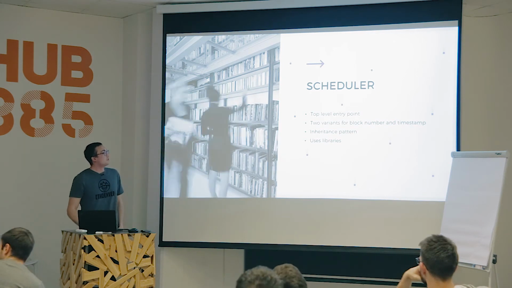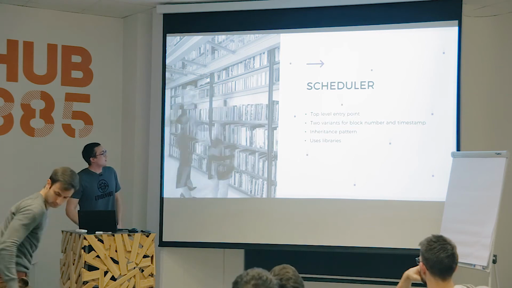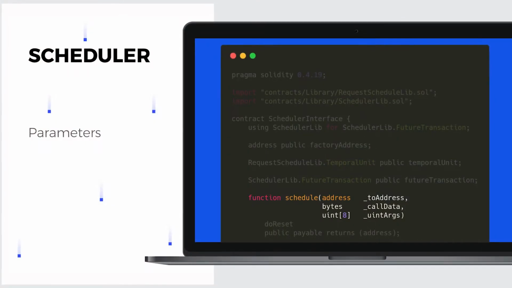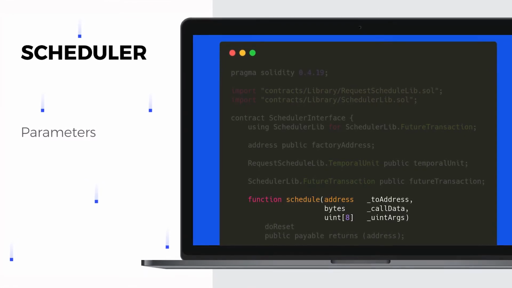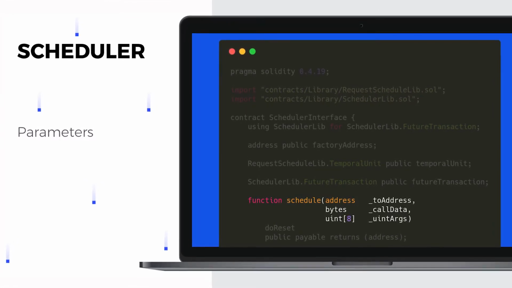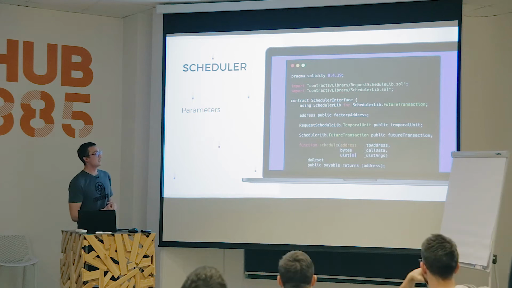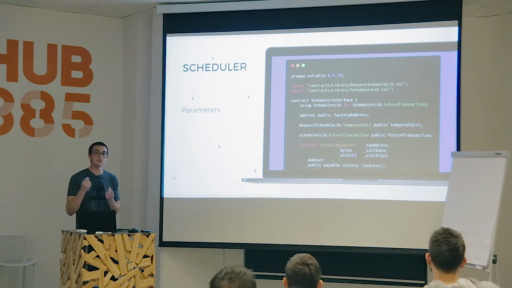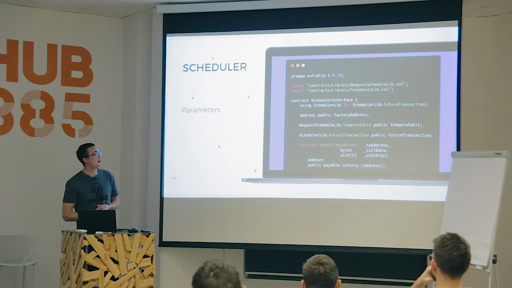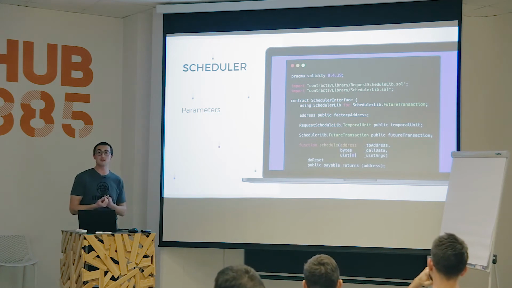So starting with the scheduler, here's the interface for that. Like I said, this is what users will be talking to, to feed in the parameters. It takes in the to address, which is the recipient for this transaction to go to, some bytes, which will be the call data.